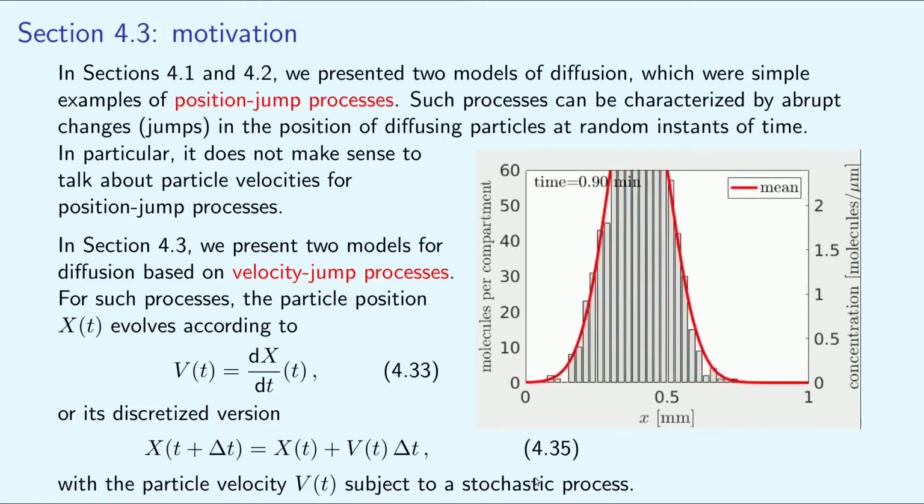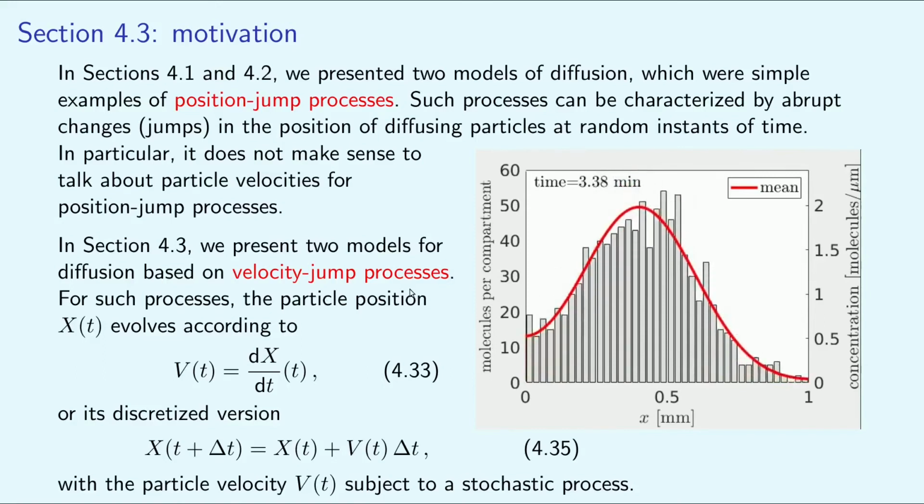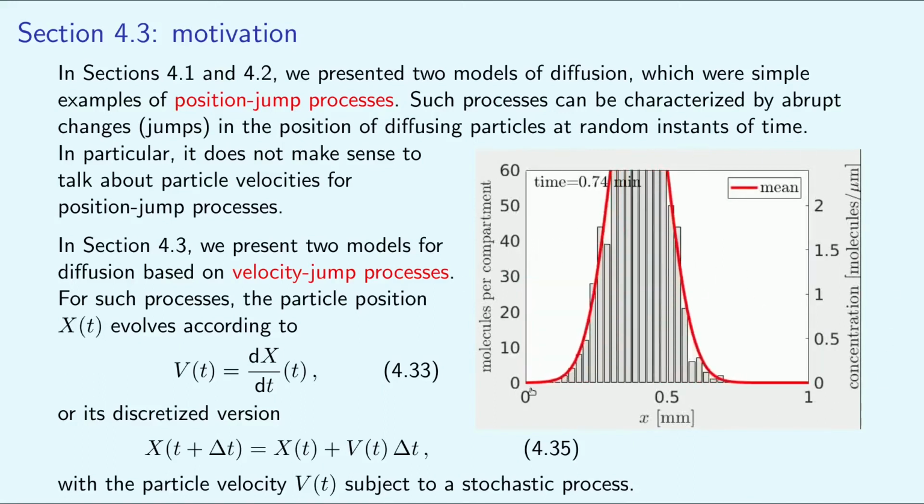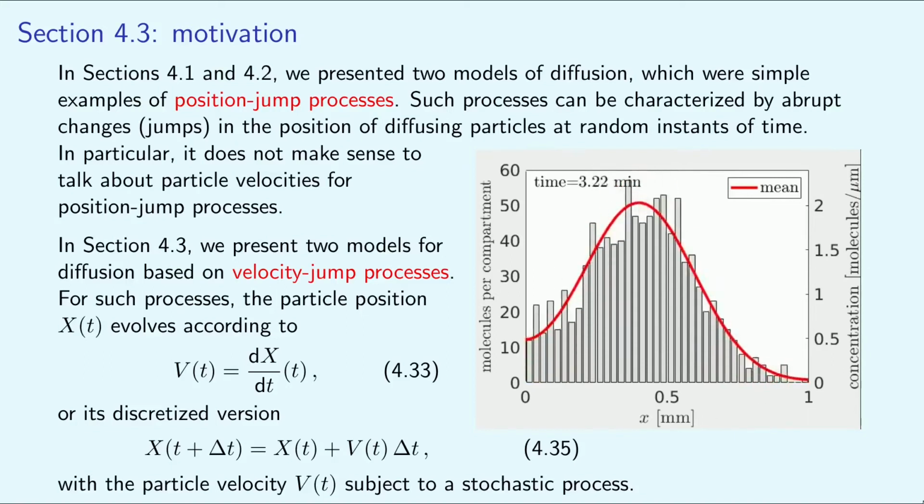The presented velocity jump processes will provide another possible way to describe the diffusion process. In particular, they can again be used to implement our illustrative diffusion example visualized in this video, which we have already calculated in two different ways in sections 4.1 and 4.2.